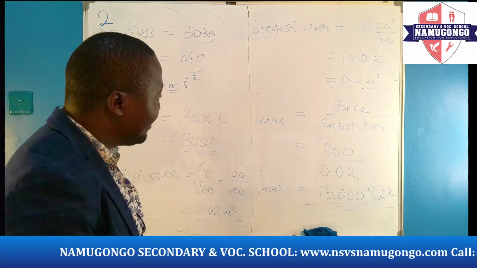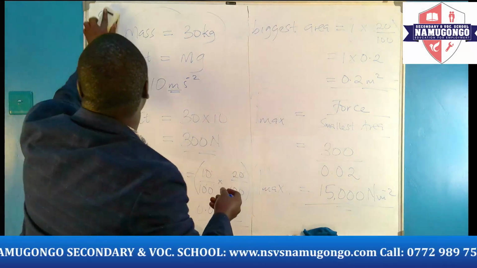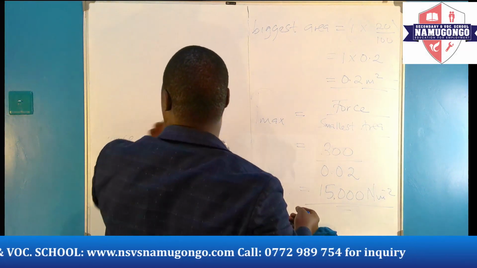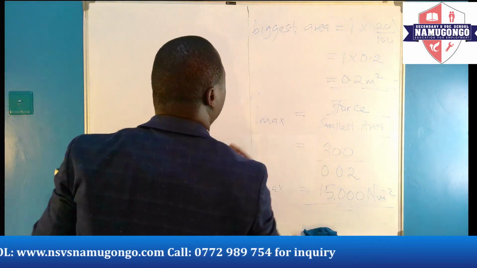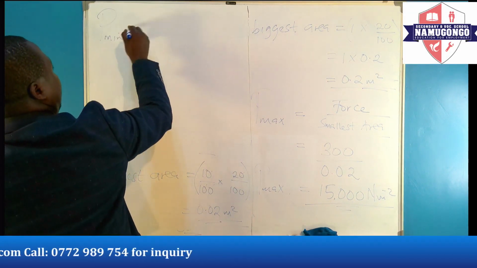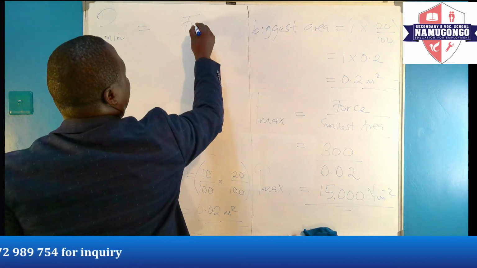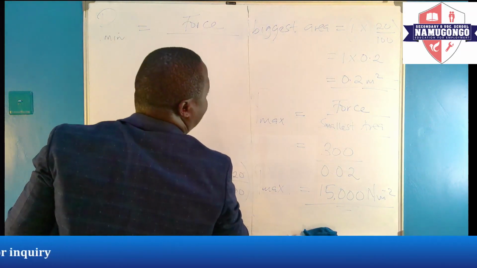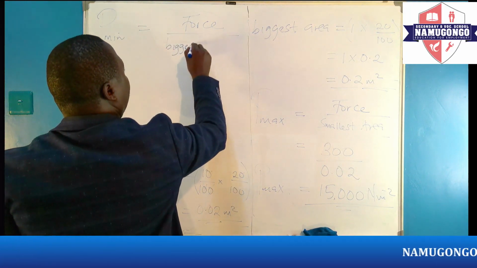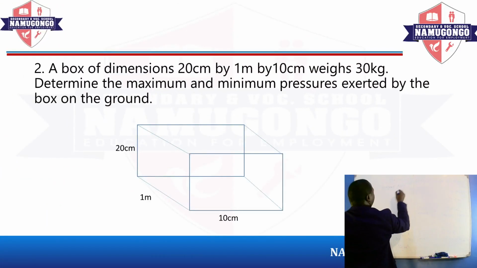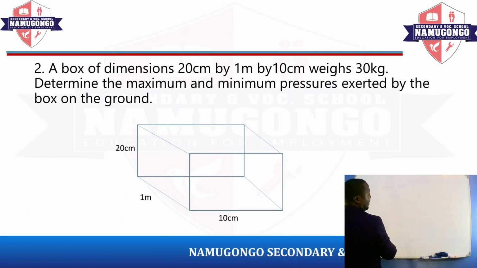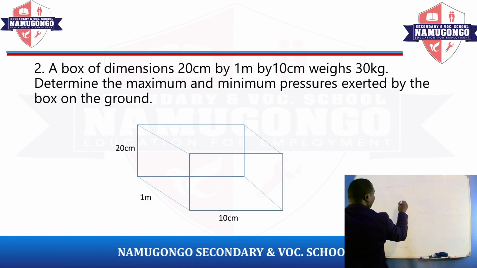So what about the minimum pressure? So minimum pressure, now we are going to consider the biggest area. Pressure minimum is given by force divided by the biggest area. So the force is the same, which is 300 newtons divided by 0.2.